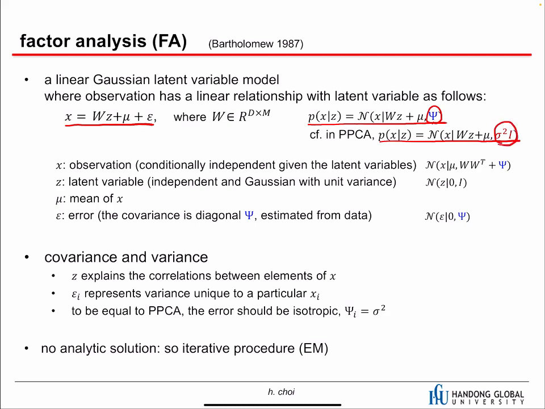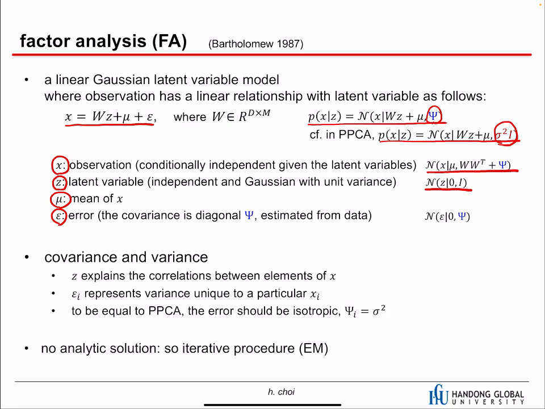That's the only difference. Other than that, factor analysis is exactly the same as PPCA. x is the observation, and this is the probability of x, and we have a latent variable, the same as PPCA's latent variable, and mu is just the mean, and epsilon is an error with a diagonal covariance matrix.